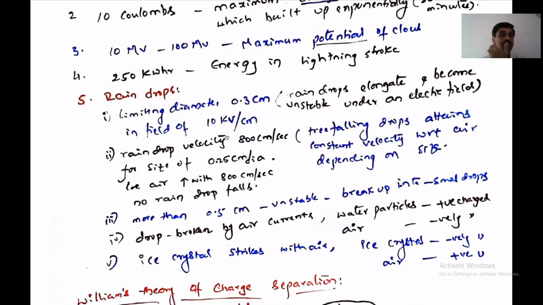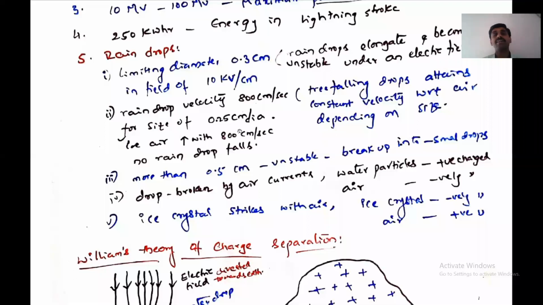So this is a very simple thing. If you take a raindrop, the diameter is 0.3 centimeter. Raindrops elongate and become unstable under the electrical field, in a field of 10 kilovolts per centimeter. Raindrop velocity is 800 centimeters per second.